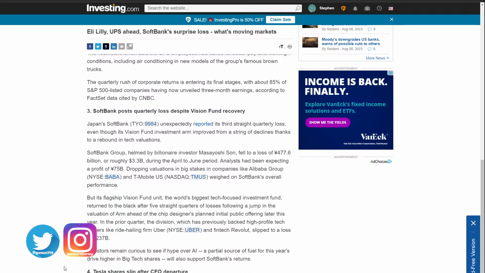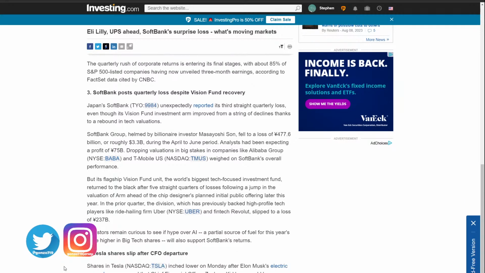Oh, this is also not good for Baba. SoftBank Group, helmed by billionaire investor Masayoshi Son, fell to a loss of 477.6 billion yen, or roughly 3.3 billion dollars, during the April to June period. Analysts had been expecting a profit of 75 billion yen. Dropping valuations in big stakes in companies like Alibaba and T-Mobile weighed on SoftBank's overall performance.